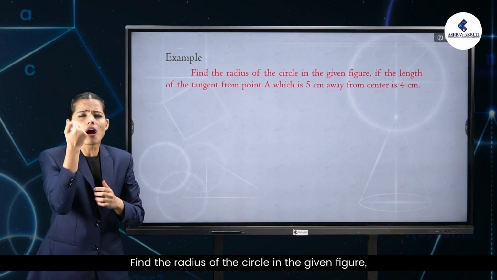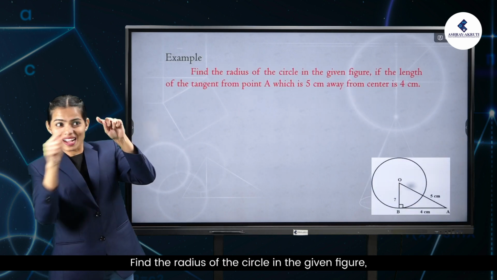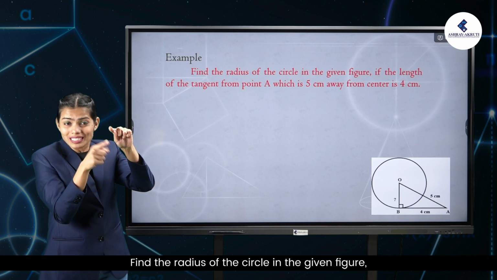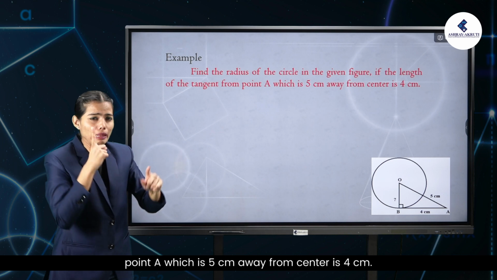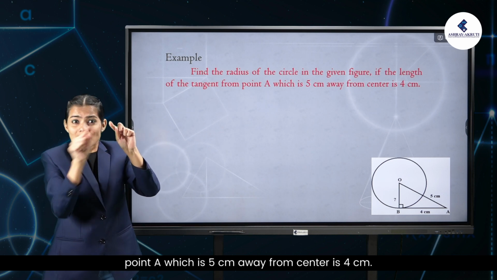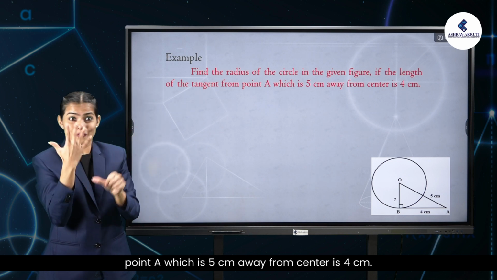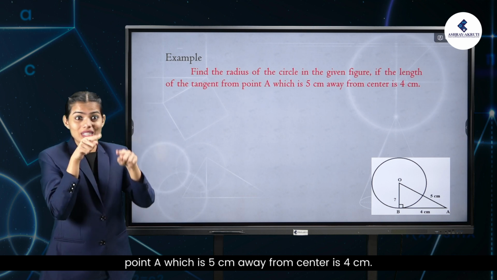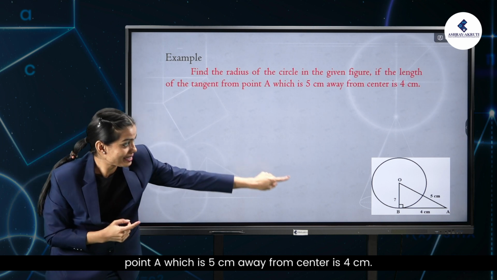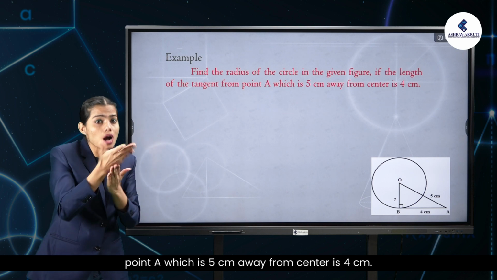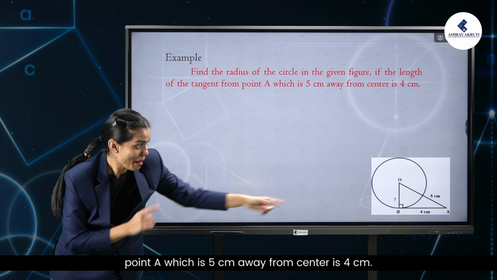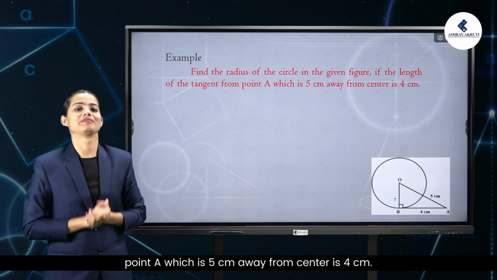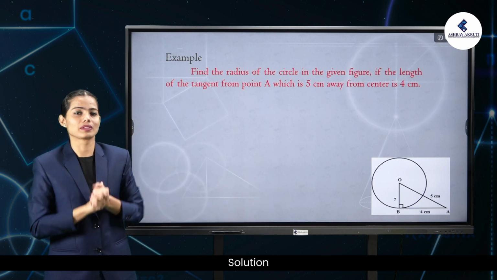Example. Find the radius of the circle in the given figure, if the length of the tangent from point A, which is 5 cm away from the center, is 4 cm. Solution.